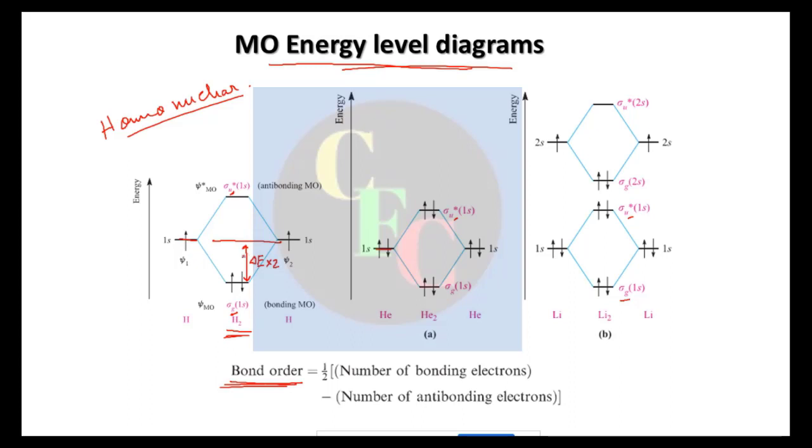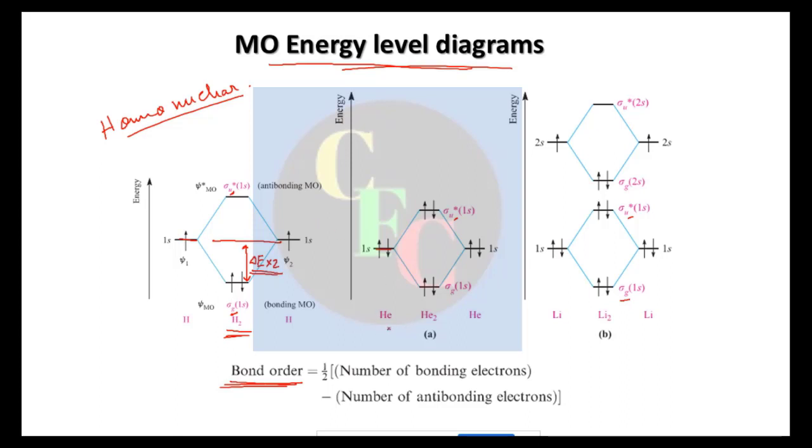Now there are 2 electrons which have come down here, so our hydrogen molecule is stabilized compared to our individual hydrogen atoms by this gap multiplied by 2. Okay, then the next atom, that is our helium.